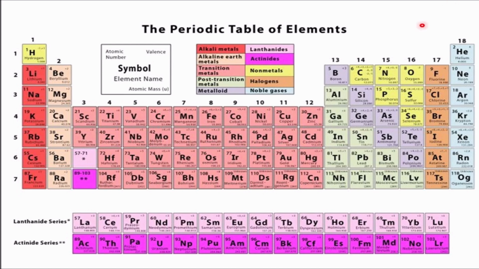If you look, we have got 7 periods and 18 groups. Accordingly, we have also classified them as alkali metals, alkaline earth metals, and so on. I already told you hydrogen had a problem with this. That's why we cannot fit it over here. Even though hydrogen is a non-metal, it cannot fit over here.